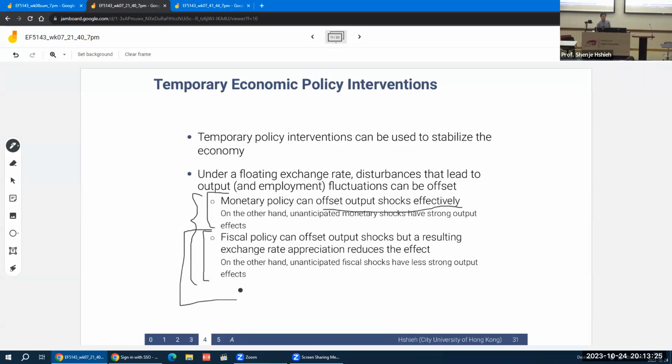And the reason is because E is going in the opposite direction that you want it to. If E is becoming stronger, your goods and services are becoming relatively more expensive, exports become less competitive, and as a result, output is ultimately undermined, right? So as I will show you, unanticipated fiscal shocks will have less strong output effects. Okay.